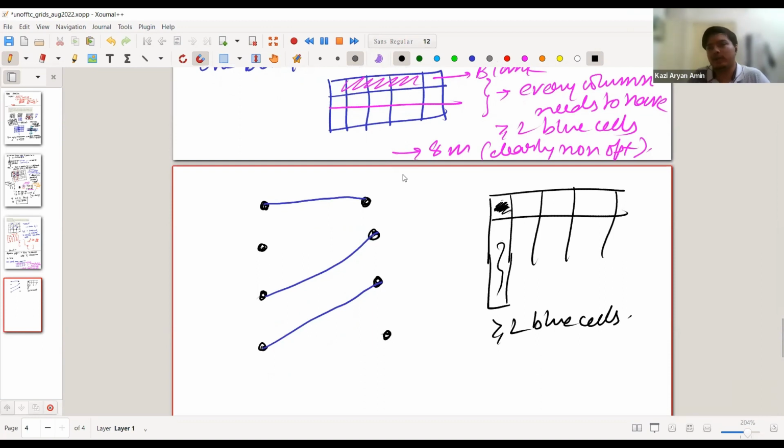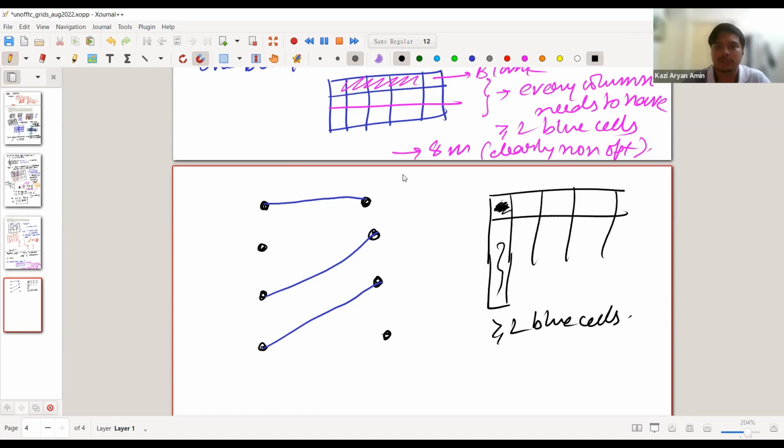Now that we've drawn the bipartite graph, we need to interpret what the condition that every cell is adjacent to at least 2 blue cells means. Can someone tell me how to translate the condition into graph theory? We drew an edge between the partitions if the intersection is blue.